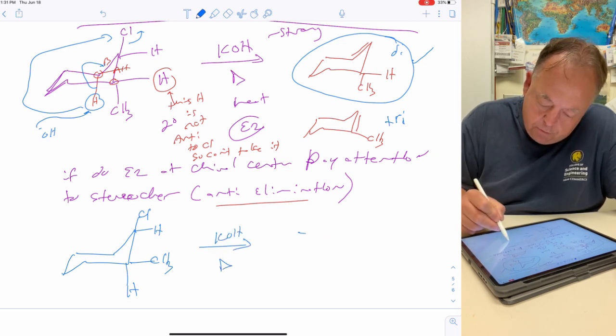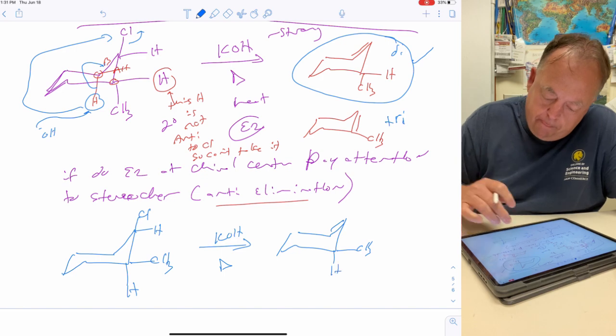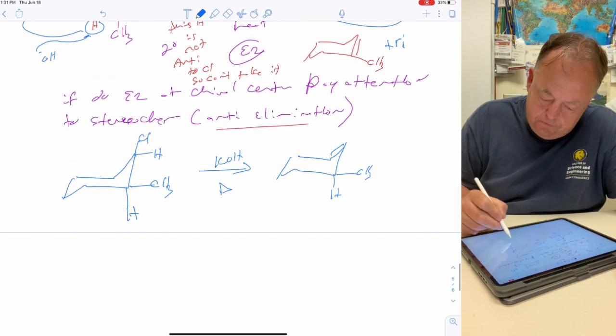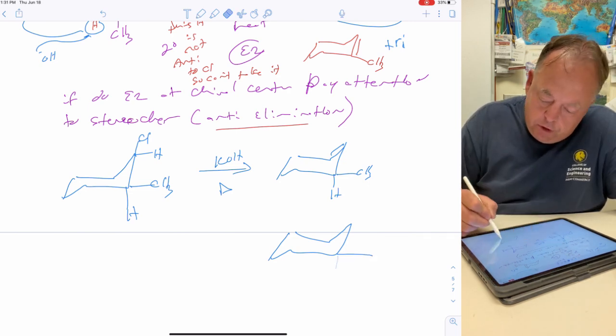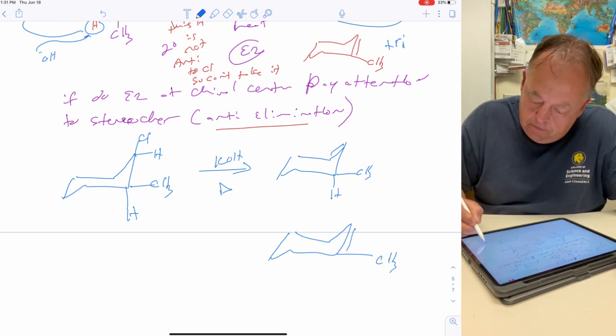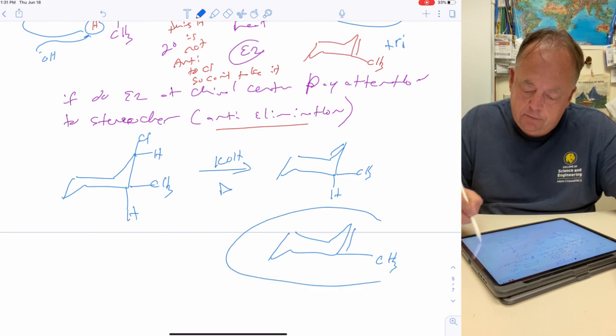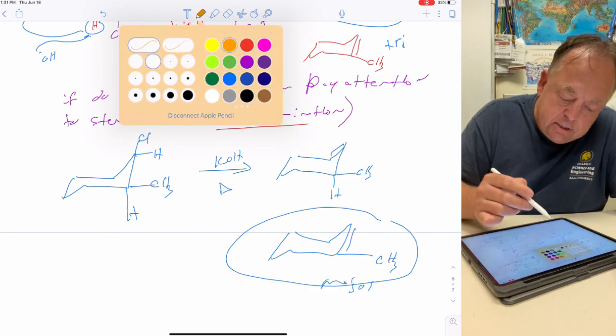So again, there are two possible products. You could put the double bond there, or you could put the double bond there. And in this case, that's your major product, because now the hydrogen is anti, right?